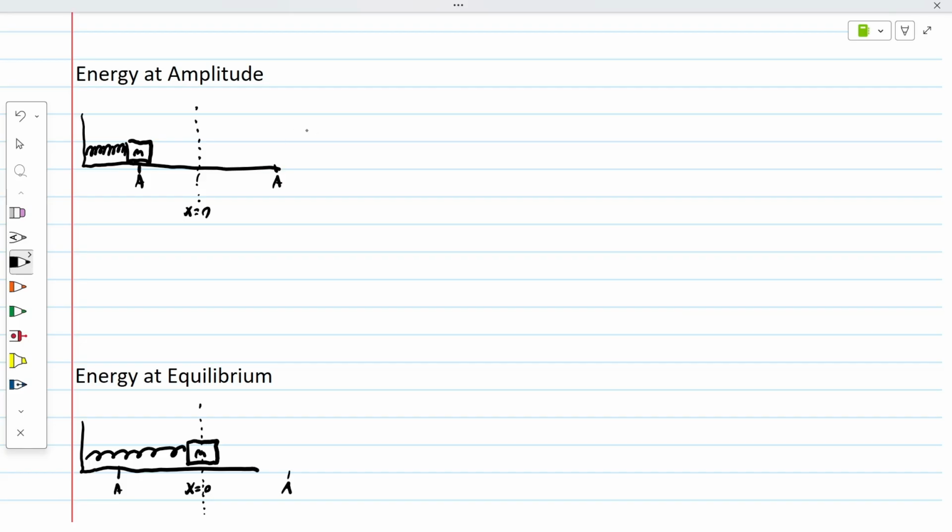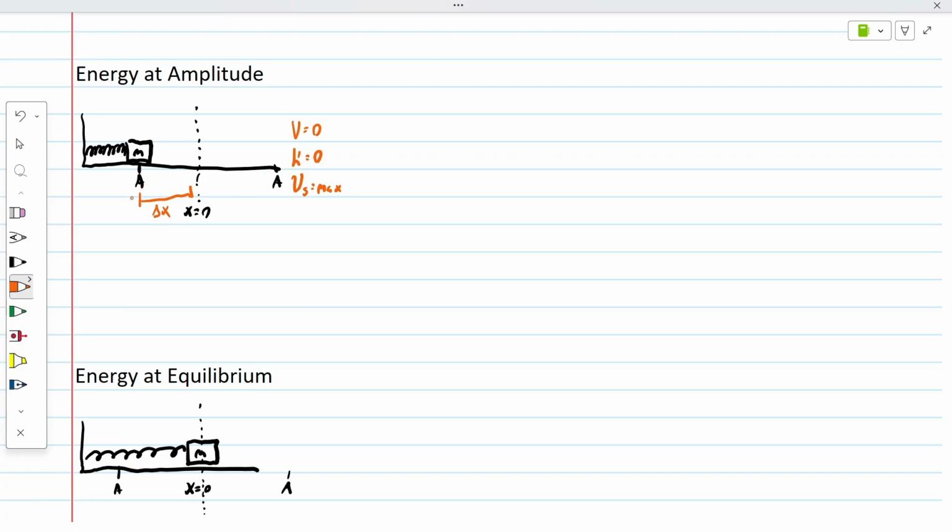At this point, we know the velocity is going to be equal to 0, which means the kinetic energy equals 0. But the spring potential energy is at a maximum because this is going to be the farthest change in x. It's the maximum change in x that we can get when it's at amplitude.